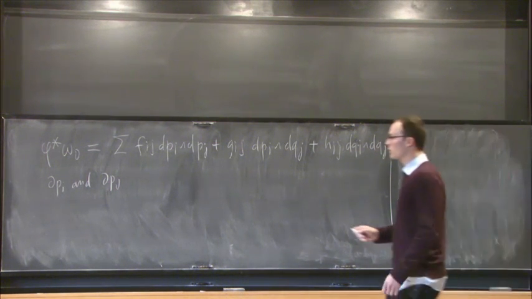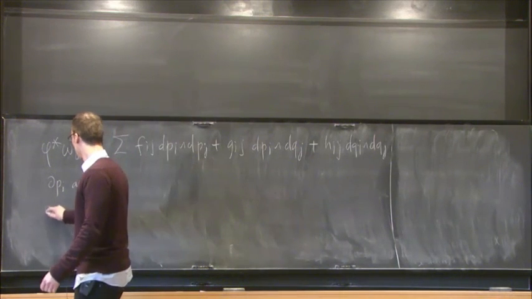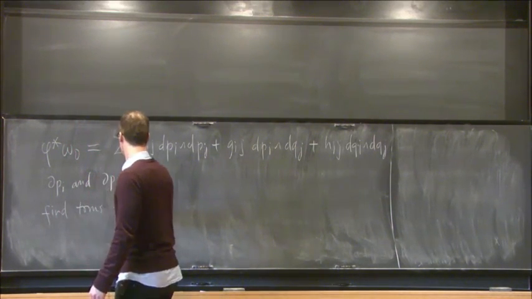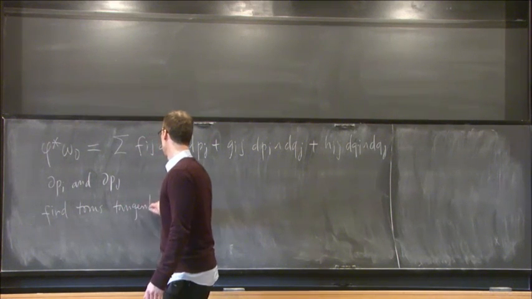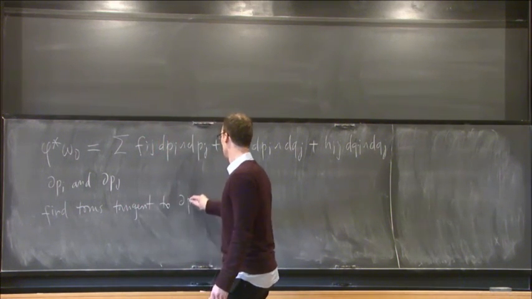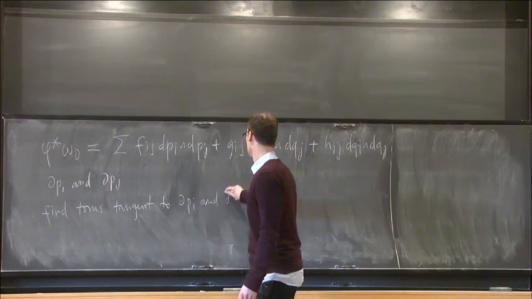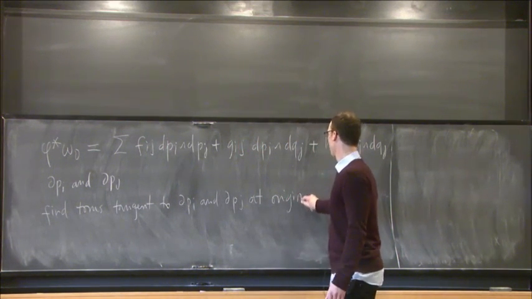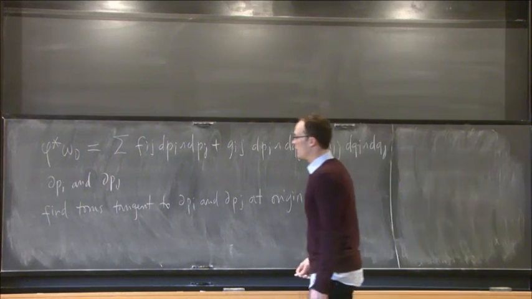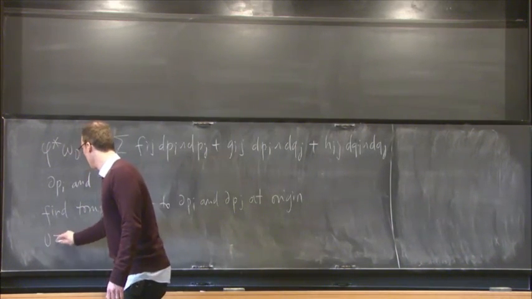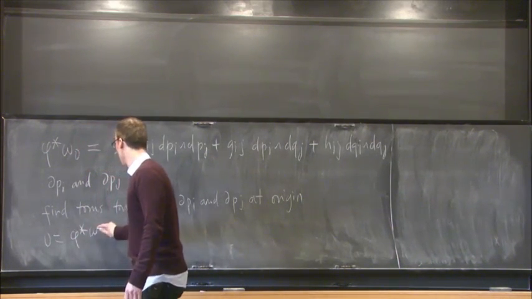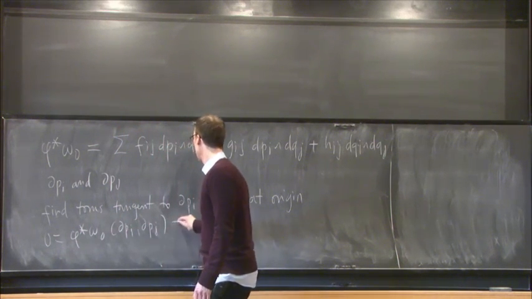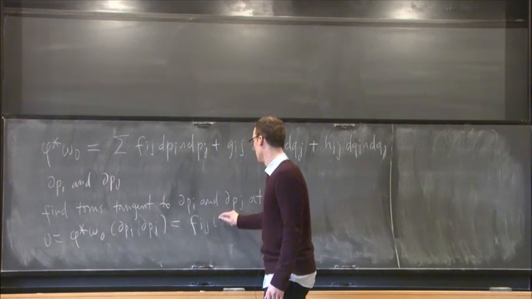So I can find a torus, and then by assumption 0 is phi star omega_0 of dp_i, dp_j, which is just f_ij at 0.